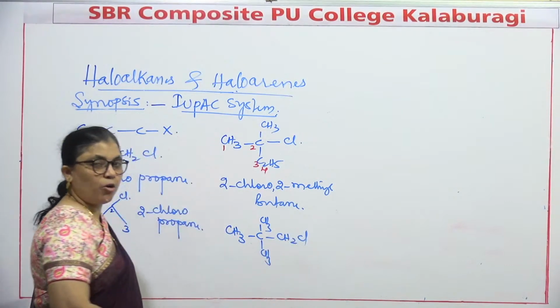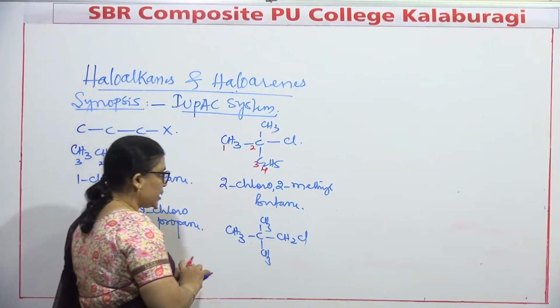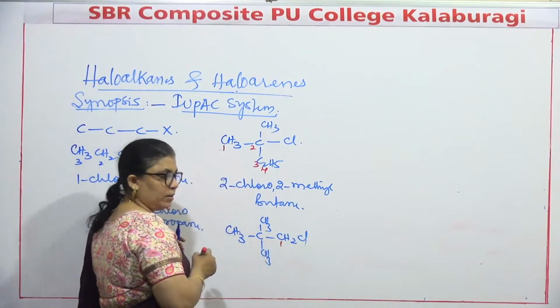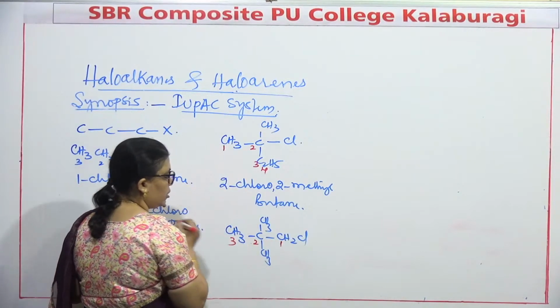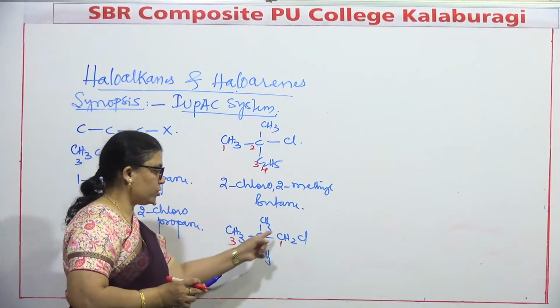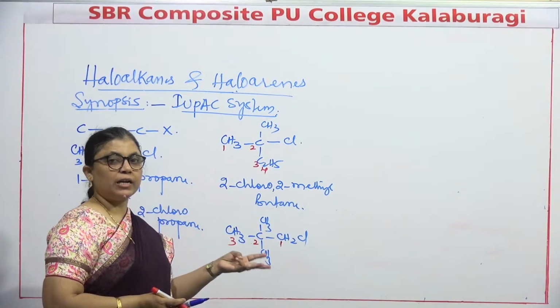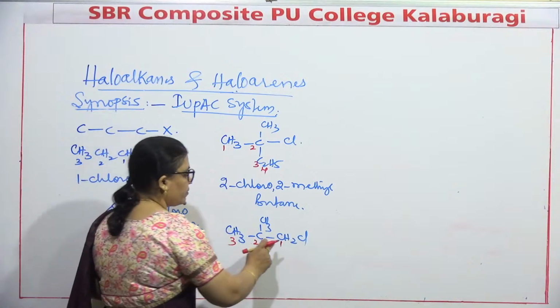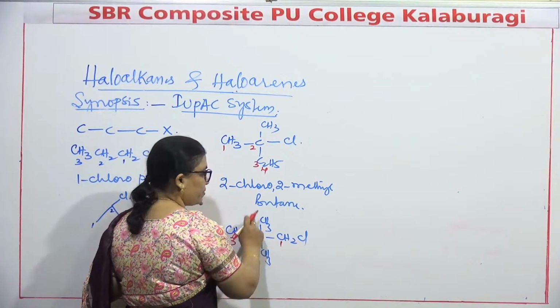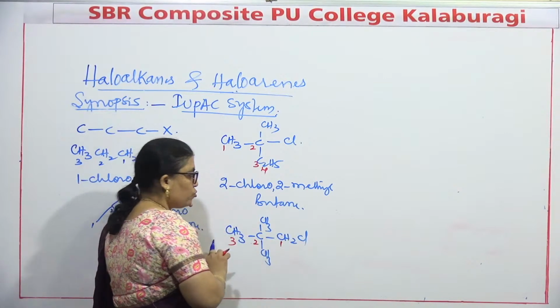as I said, neopentyl chloride, the carbon containing halide is carbon atom number 1. Second, you go in any direction: 1, 2, 3, 1, 2, 3, 1, 2, 3. Go in any direction, it will be what, children? Containing 3 carbon atoms. The first carbon atom contains the chloro group, the second carbon atom contains the methyl groups.